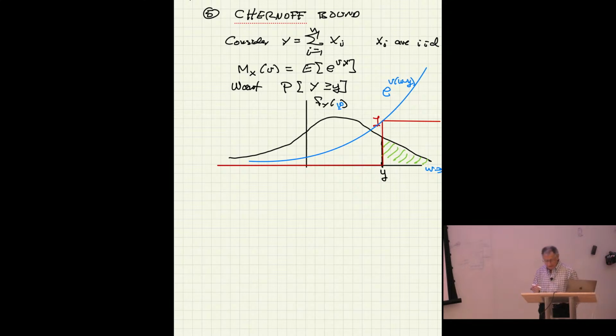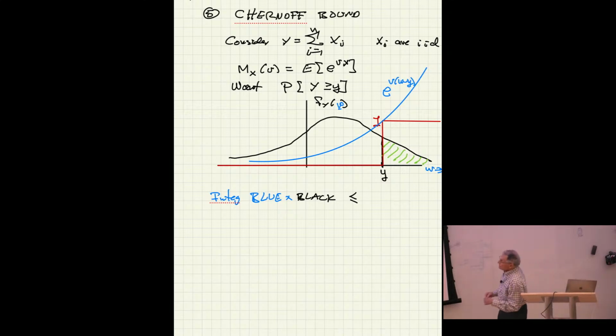So the integral of blue times black is giving me too much, right? So that's basically overbound this tail.